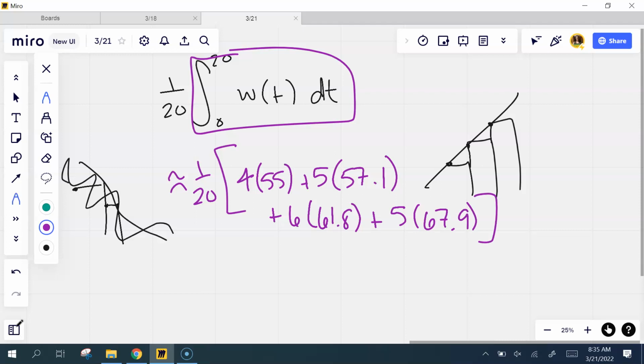You got a point for setting that up that way, knowing what the left Riemann sum was and using it. That's 1 point. And then the approximation, which was done with your calculator, 60.79 degrees. They didn't ask for the units, but it was degrees.